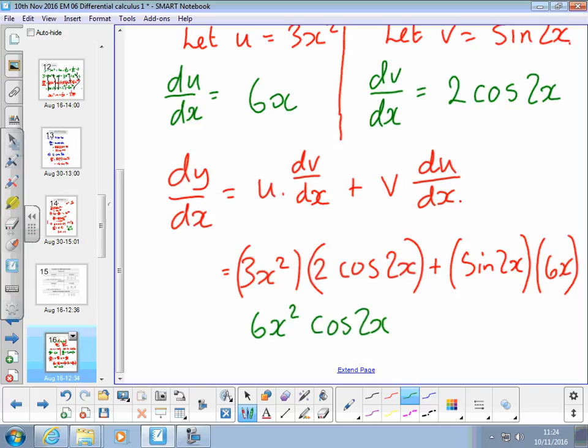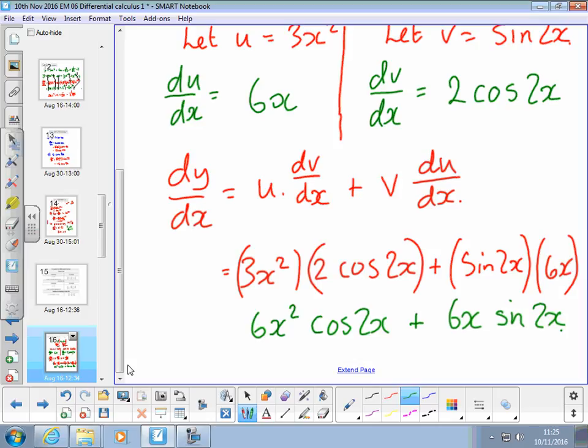Is that bit simplified? Because what this bit is here is just 2 times the cos of 2x. We can multiply that by 3x and end up with that there. And plus, this bit is just 6x sine 2x. Just get rid of the brackets.